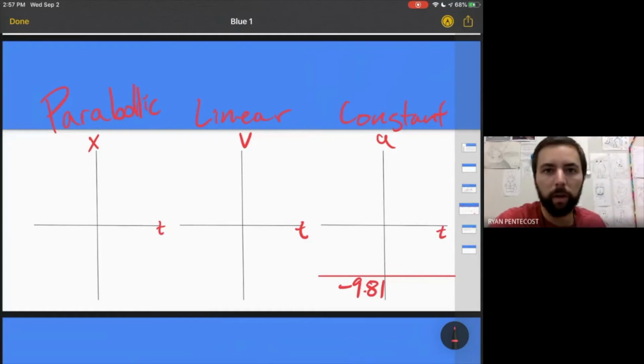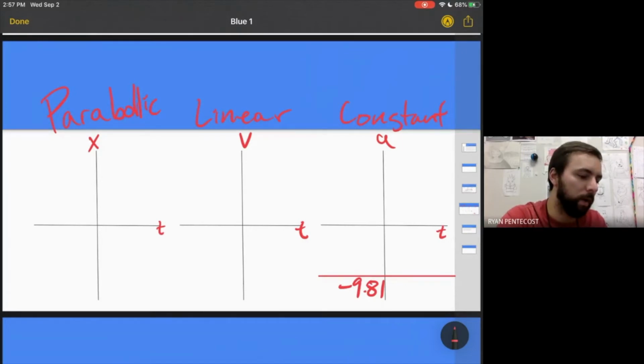That is only in a constant acceleration scenario. But this is the natural progression in math as well. If you're going to increase the complexity of your graph by increasing the exponent of the line, constant has no variable, linear has a variable, and parabolic has a variable squared.